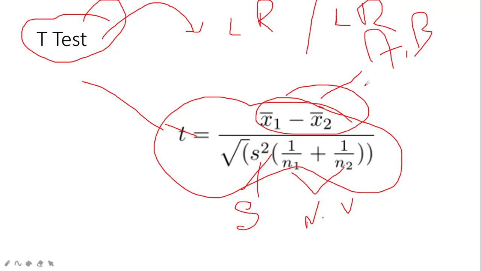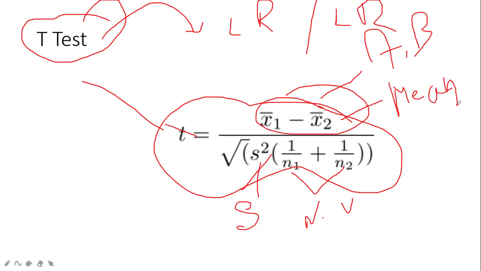You can take any of the two and find the mean on that.